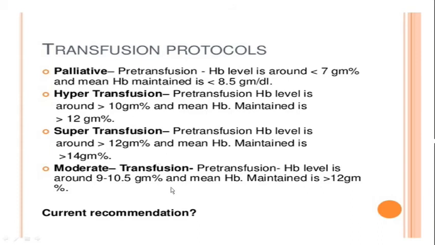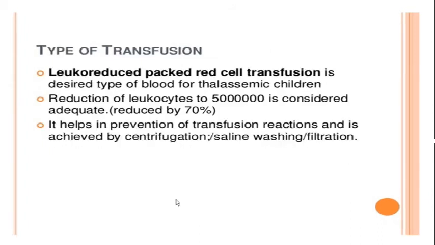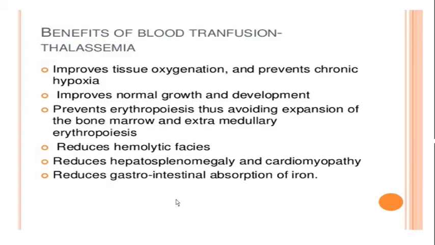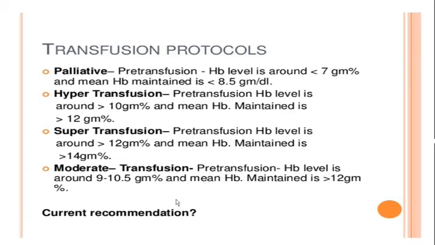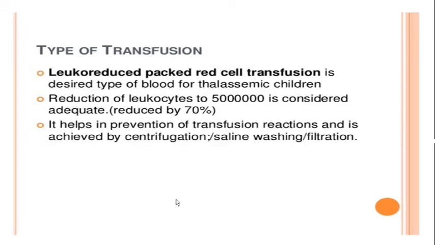So basically, the current recommendation is to keep the blood hemoglobin at more than 10 gram, and it is observed that leukoreduced packed cell RBC transfusions are the desired type of blood for thalassemic children, because it helps in prevention of transfusion reactions.